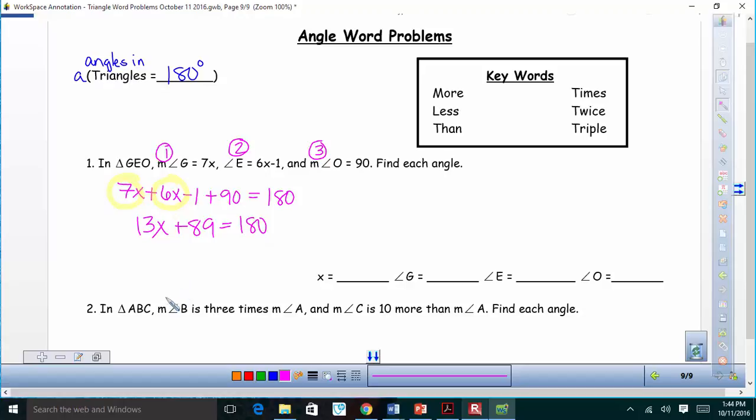Then all we do from here is we solve for x. So what would we do first to solve for x? We do what? Subtract 89 from both sides. That's going to give me 13x equals 91.